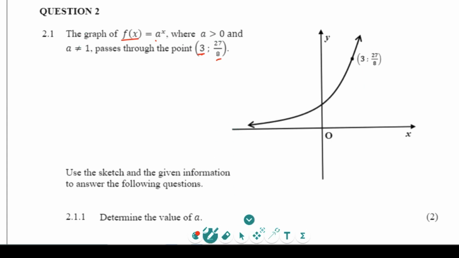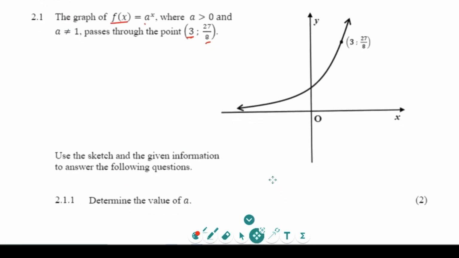Then they're asking us to use the graph or sketch and the given information to determine the value of a. Whenever we're finding missing elements in the equation of a function, we need to go back to the graph and determine at least a set of points. If we have 2 unknowns within the equation, then we shall need 2 facts about the graph.